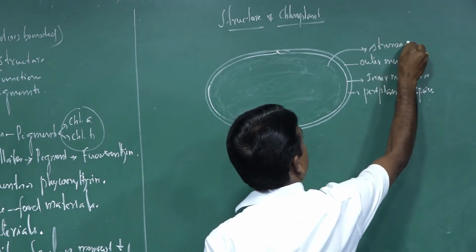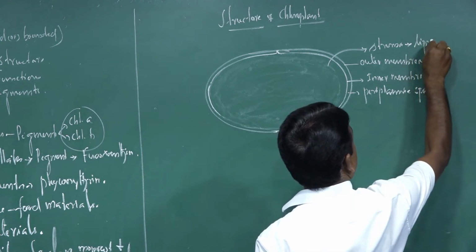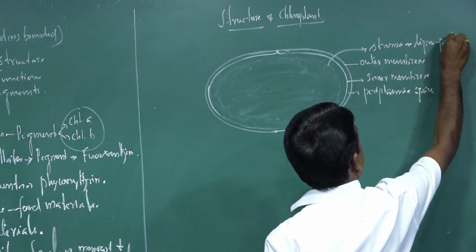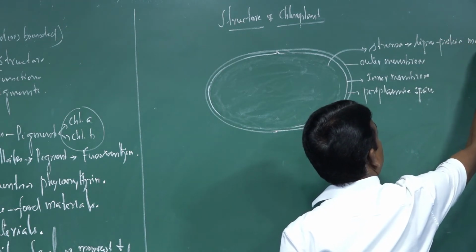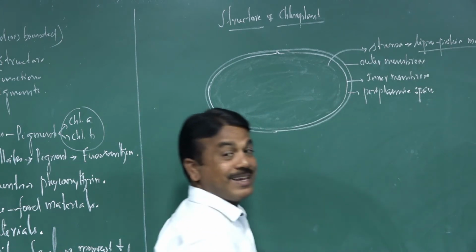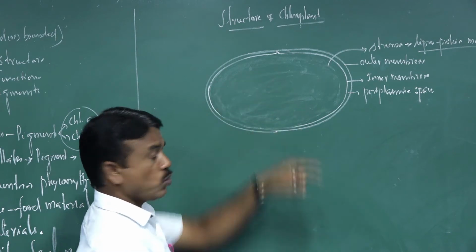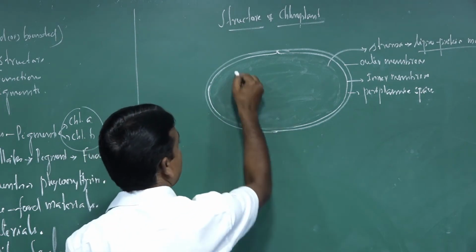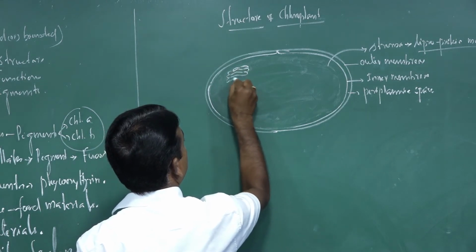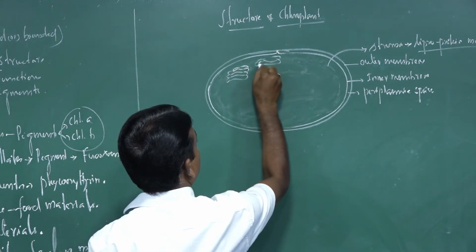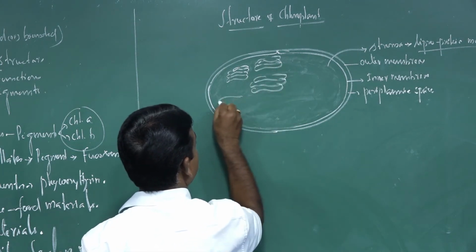So stroma is made up of a lipoprotein matrix, or a gel-like structure. The stroma contains many grana.